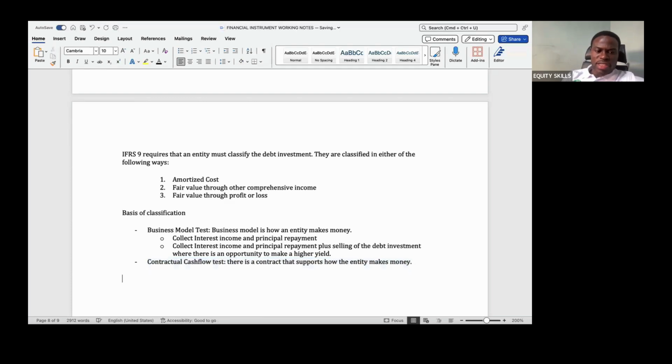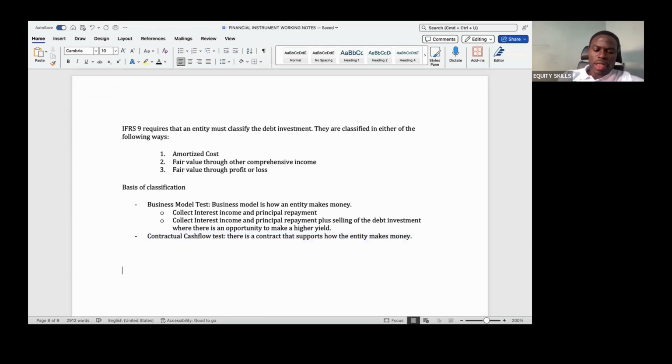So using this basis of classification, how do you then classify this? How does it help?